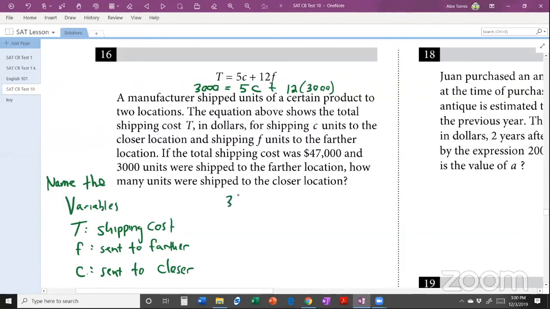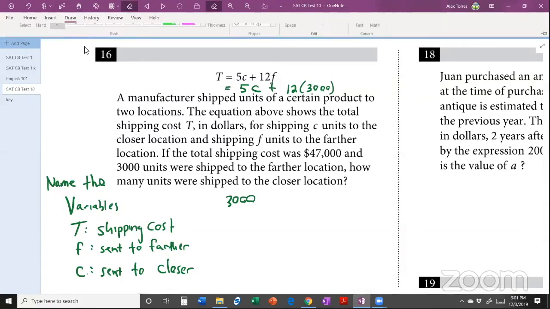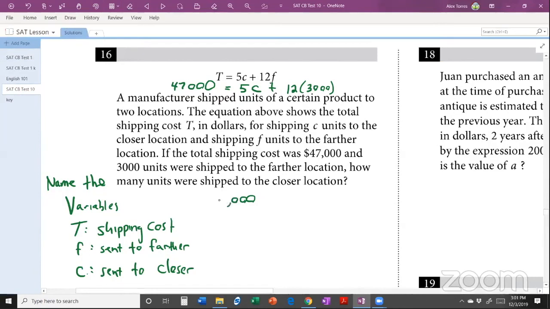So we can do 12 times 3,000. And I'm actually noticing an error in what I filled in. The total wasn't 3,000, the total was 47,000. So apologies for that. Okay, so here we have 47,000 equals 5c plus 12 times 3,000, which is 36,000. Taking away 36,000 from both sides, we have 11,000 equals 5c.